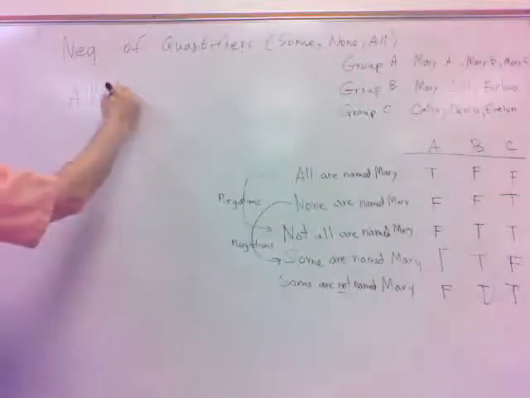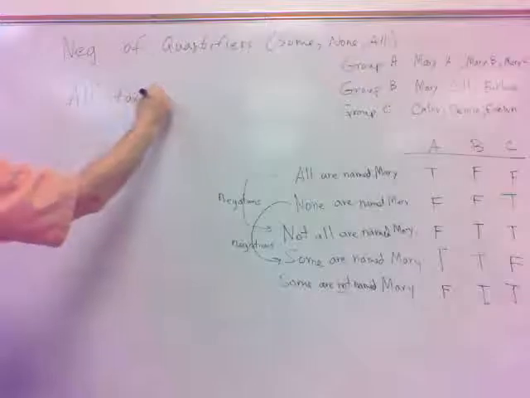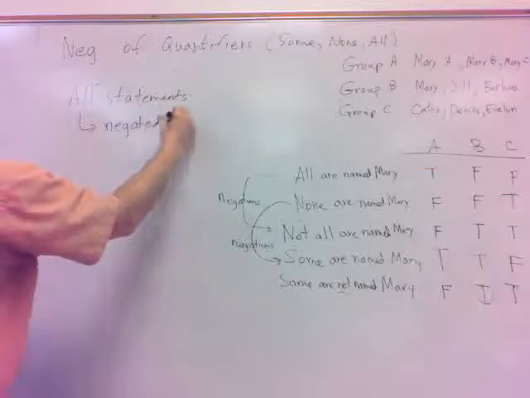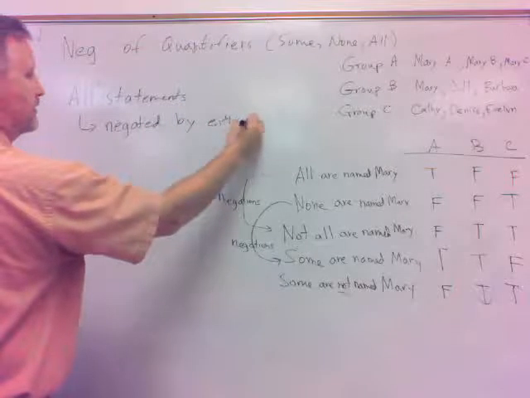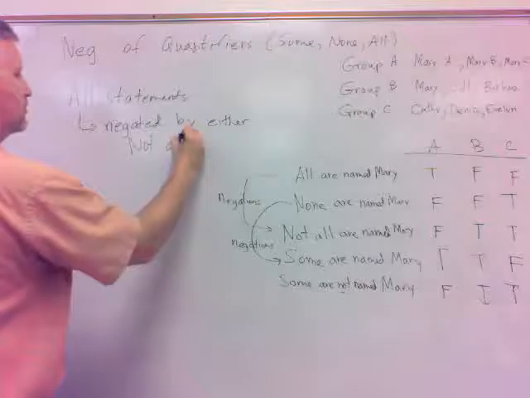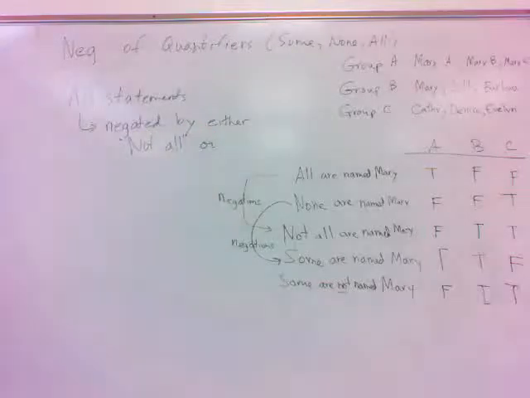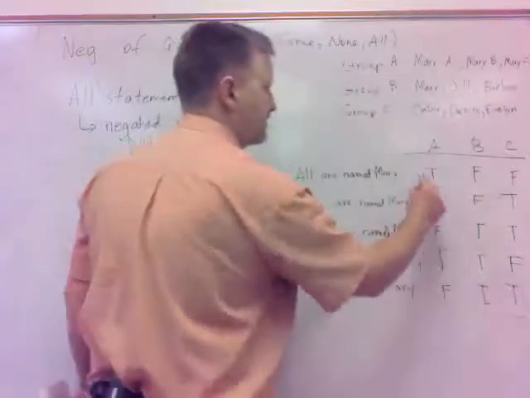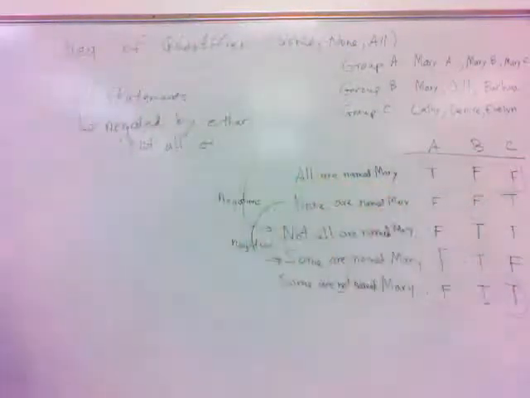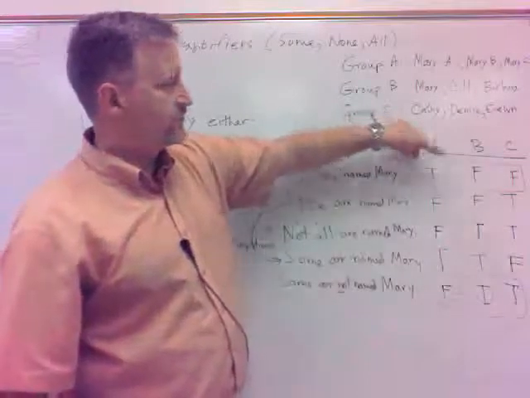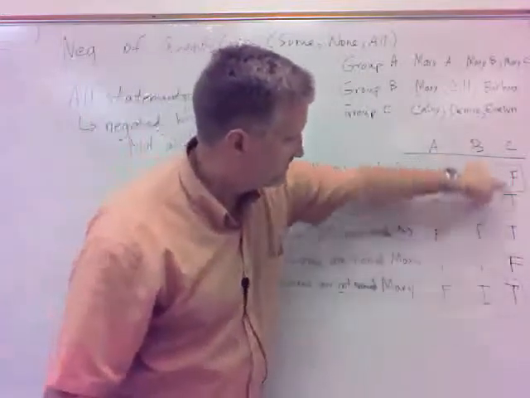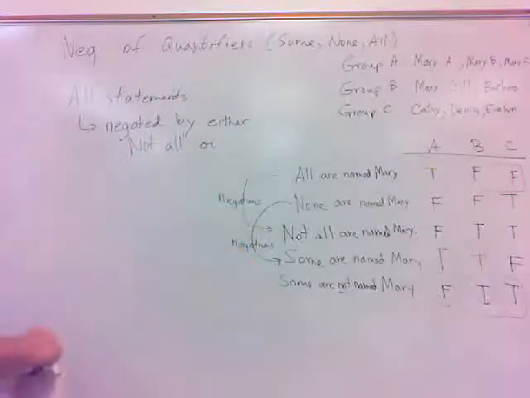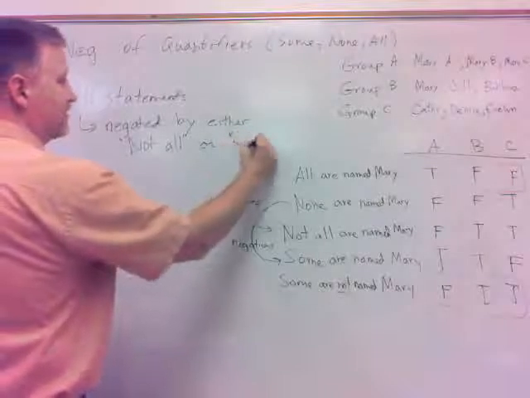All statements, meaning the word all in them, are negated by either doing not all, or, and I haven't mentioned this, but this did not negate some, but do you notice what it does negate? Notice false, true, true, that's the exact opposite of true, false, false. Opposite in all cases. So it turns out all is negated by some are not, or some do not, or whatever the verb needs to be.